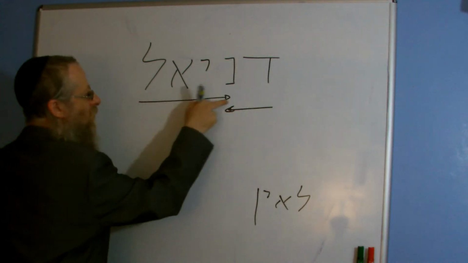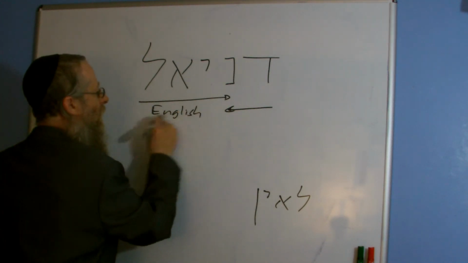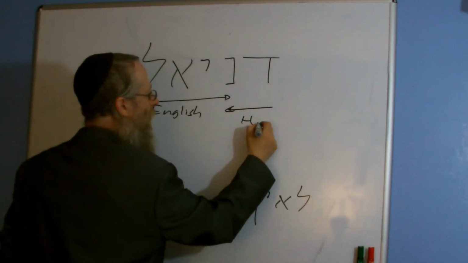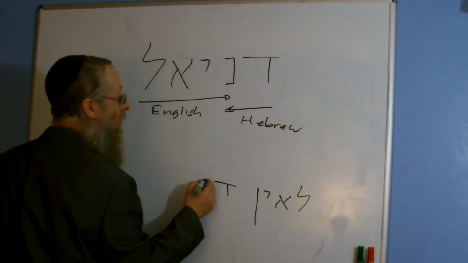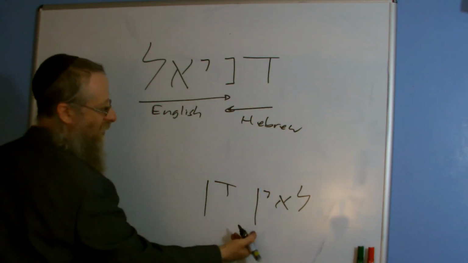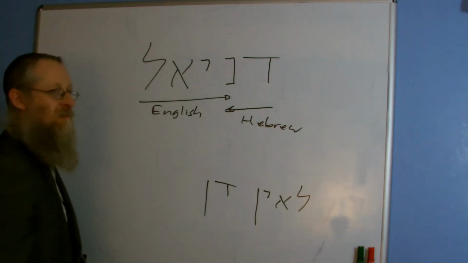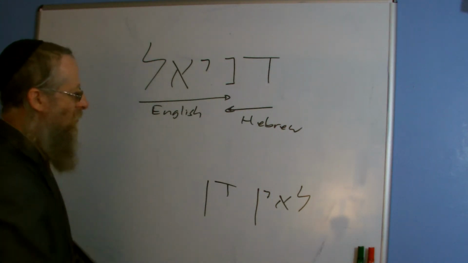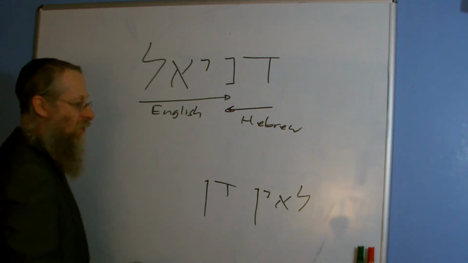So we've gone the Lamed to the Nun, this is the English way, left to right, this is the Hebrew way, and I'll get Dalet Nun. I put a final Nun there as well, because that's as it appears at the end. I just do that naturally because a Nun at the end is just a long straight line. So, what does this read?